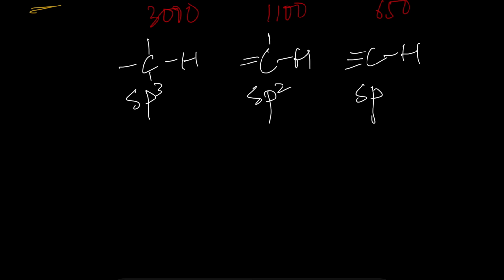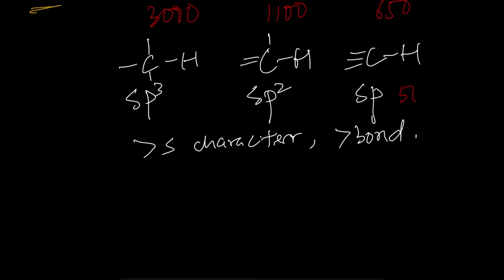The relationship or the effect of this is the greater the s character, the stronger the bond. So if you look at sp, sp2, and sp3, in sp the s character is 50%. For sp2 the s character is around 33.3%.